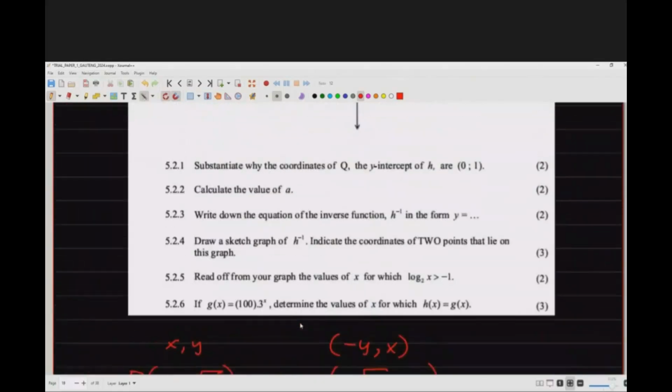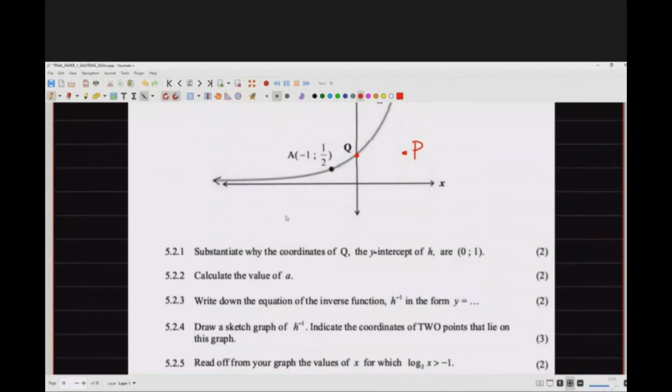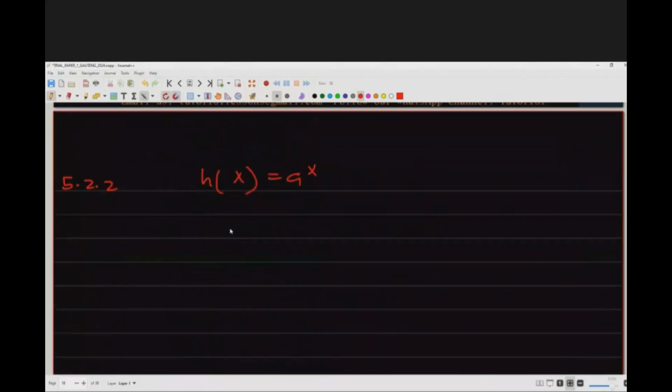But the point we were given here, this capital letter A, is (-1, 1/2), so a to the minus 1 is 1/2. Therefore, the value of a here is equal to 2, which means that h of x is equal to 2 to the x.